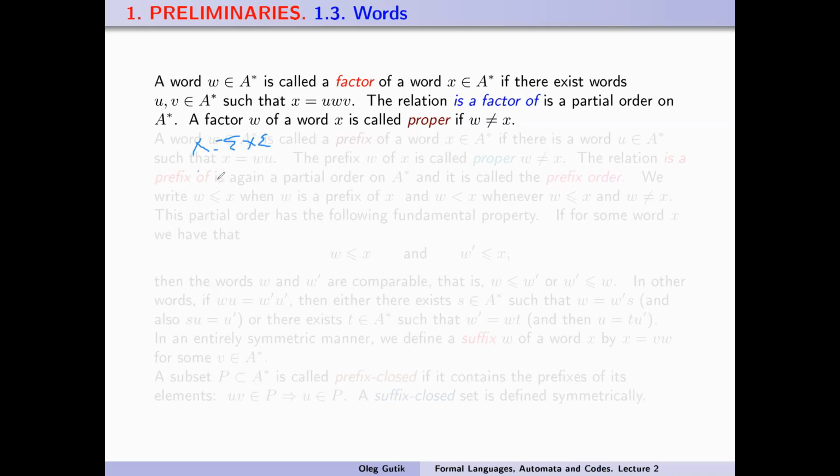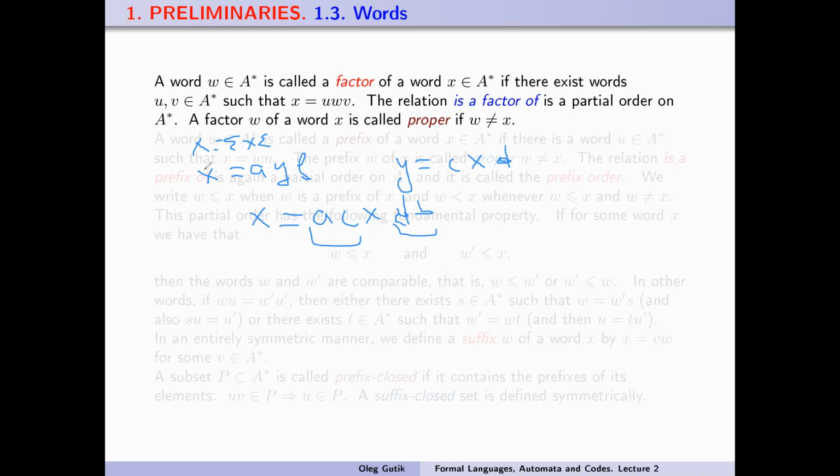If we have that x is equal a y b and y is equal c x d, this implies that x is equal a c x d b, and this implies that a c and d b are the empty word, and hence a and c and d and b are the empty word too.